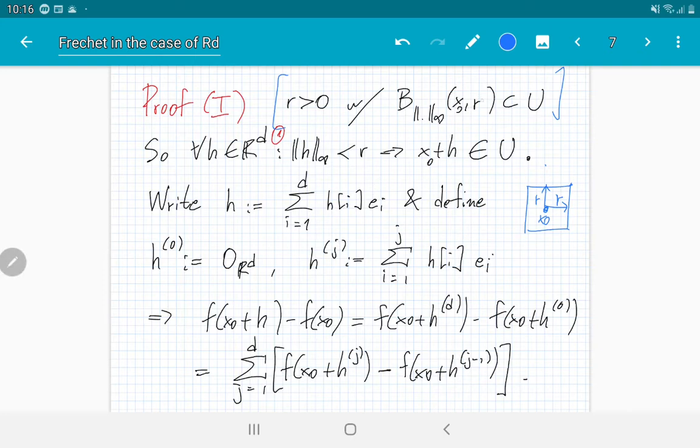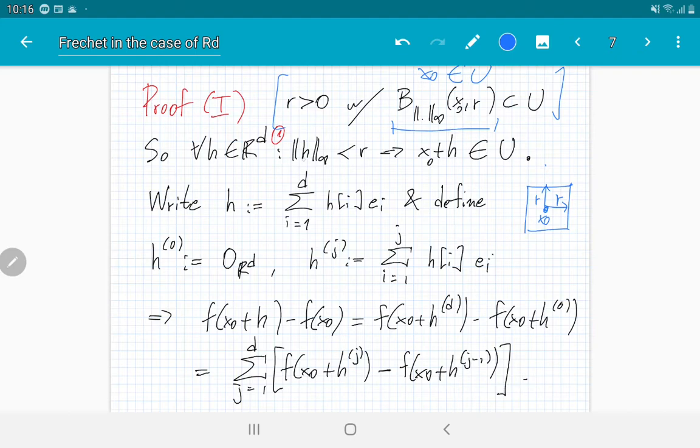Because U is an open set, I know that there is an open ball in the infinity norm centered at x0, where x0 is a point of U, just like in the previous slide. So there's an open box around x0 that's entirely contained in U. It's a protective bubble, but this time the bubble is a cube, not a sphere.